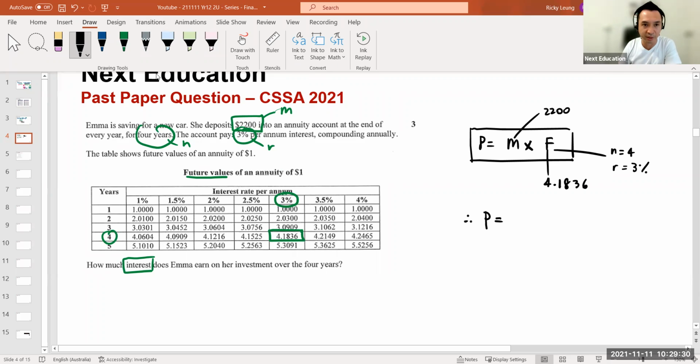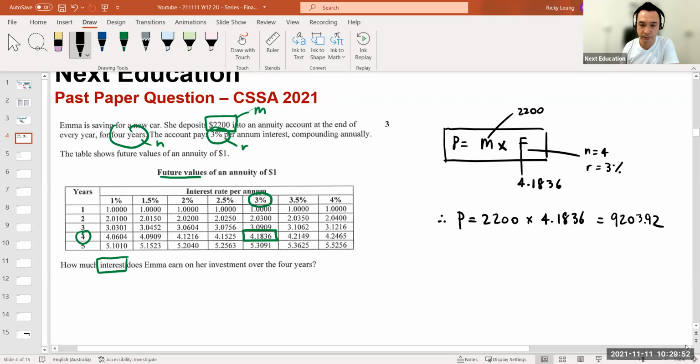So therefore, the total amount that Emma gets at the end is 2200 times 4.1836. If you punch that successfully into your calculator, 9,203.92. Satisfy yourselves that's perfect, please. Because once you do that, we're almost there. I reckon that's probably 1 or 2 marks. Now I want to find the interest. That's the total amount.